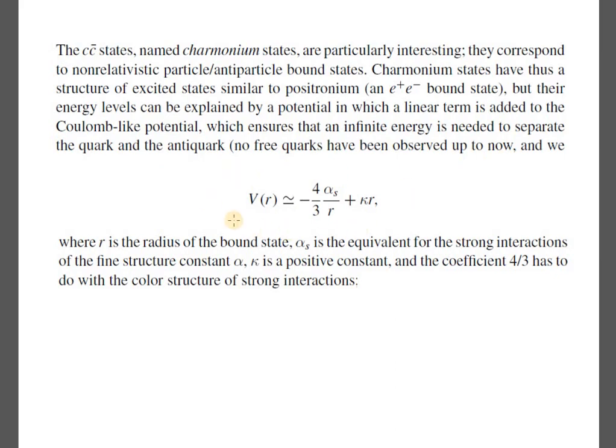This is the expression for the potential, where R is the radius of the bound state, alpha S is the strong interaction equivalent of the fine structure constant alpha, kappa is a positive constant, and the coefficient 4/3 has to do with the color structure. It's just important to know that the first term is of the order of minus some constant by R plus some other constant times R.